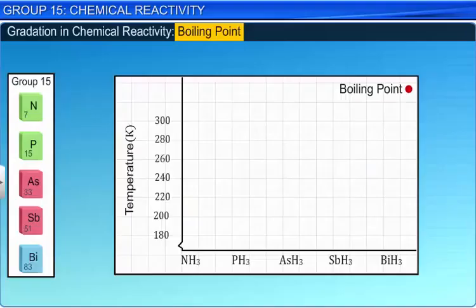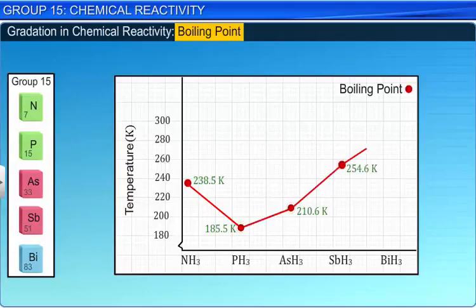As you can see from the graph, the boiling point of hydrides decreases from ammonia to phosphine and then increases from phosphine to bismuthine. Note that there is a sharp decrease in the boiling point as we move from ammonia to phosphine.